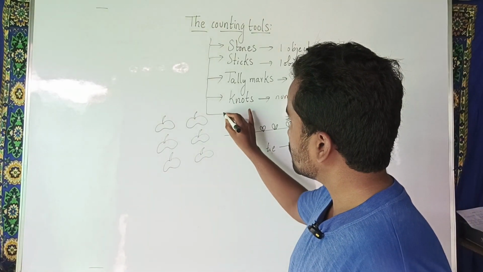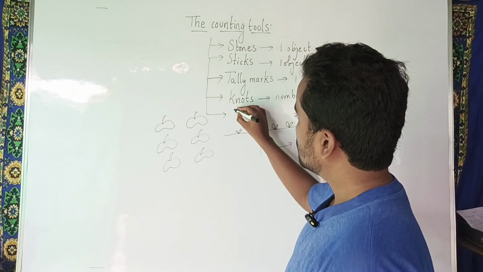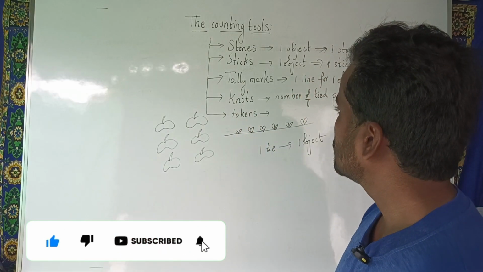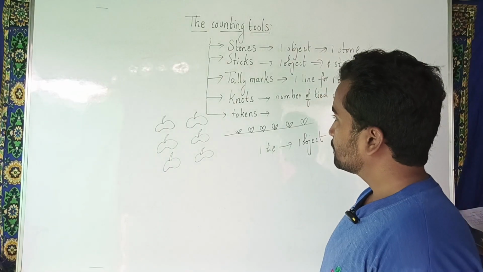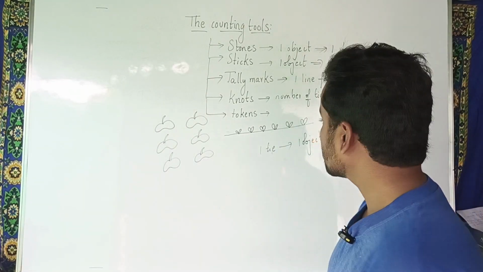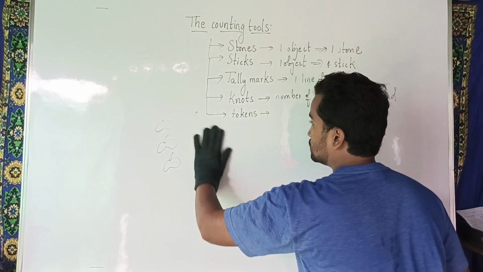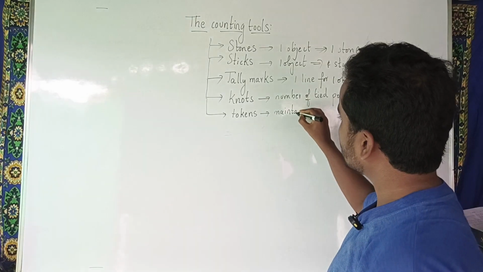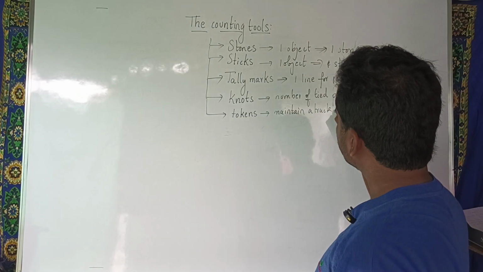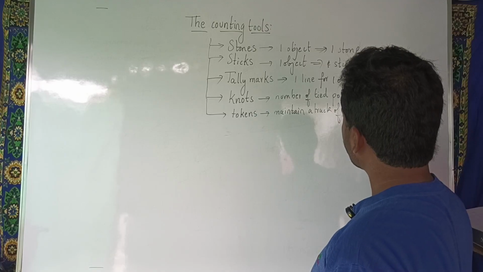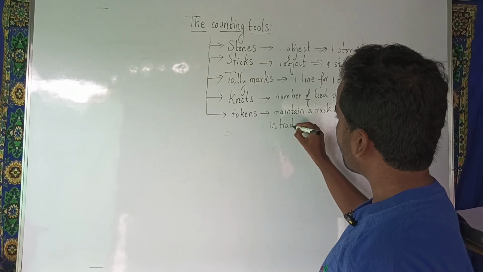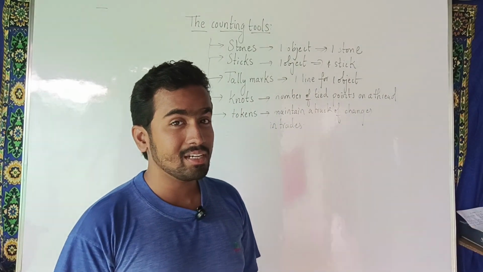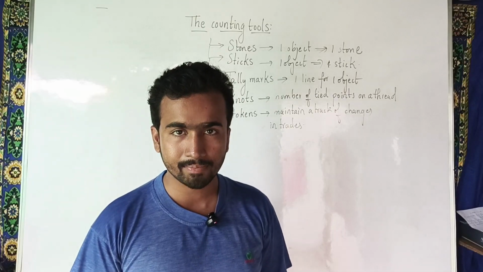After the aspect of knots, the next aspect will be tokens. Tokens were preferably used to maintain a track of changes in trades, which were probably used in many different sectors in those days, right?